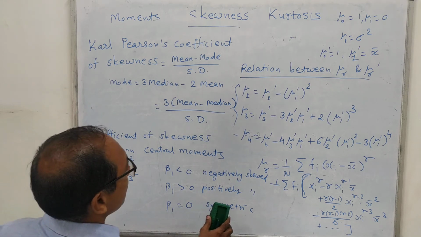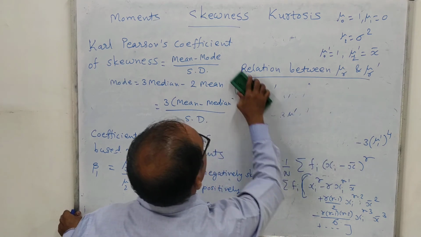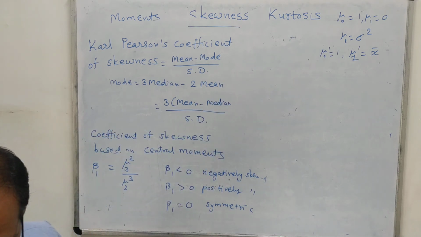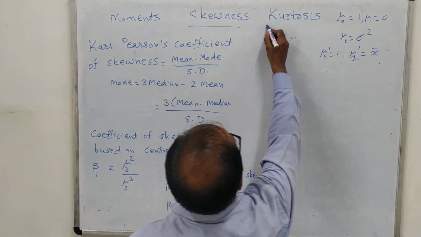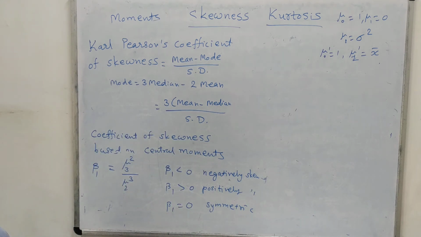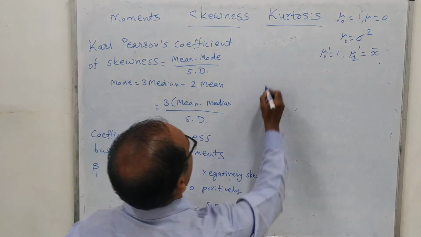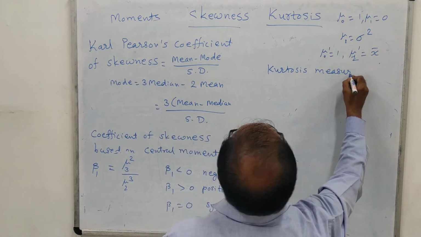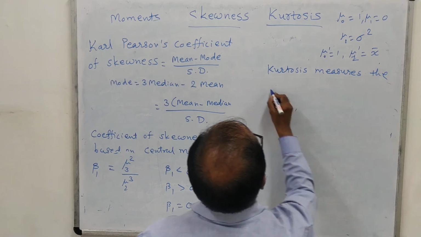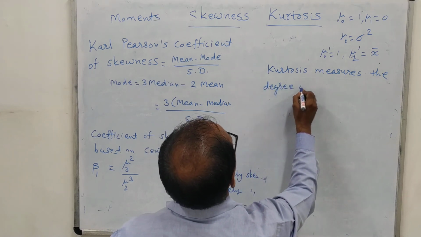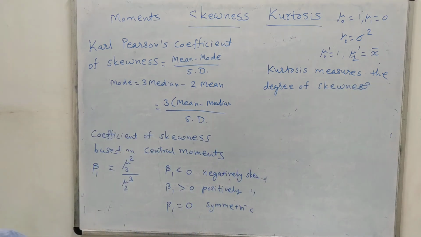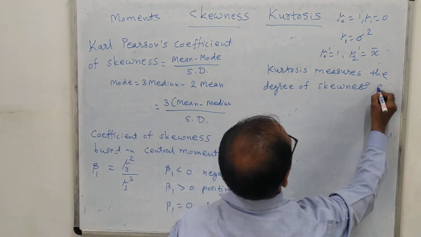Now let us see about kurtosis. Kurtosis measures the degree of skewness of a distribution.